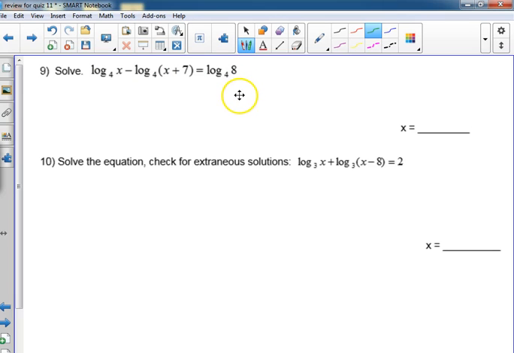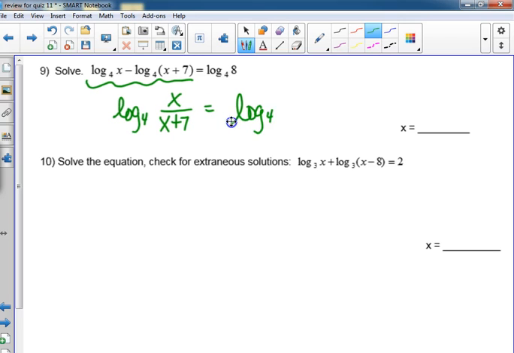You have to condense them first so it's one log. So how do you condense this side? Okay, that's the whole reason we spent time condensing logs for those kind of questions. Now when we have one log equals one log, then we can drop the logs. So now, just to be clear, we have x over x plus 7 equals 8 over 1, if that helps you think about it as a cross multiplication problem.